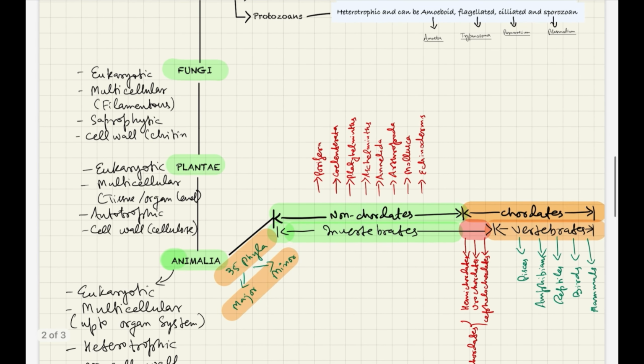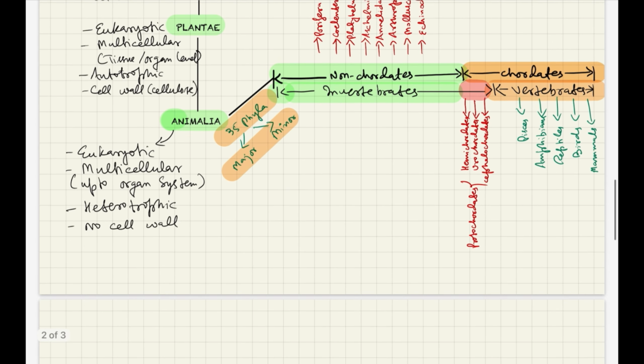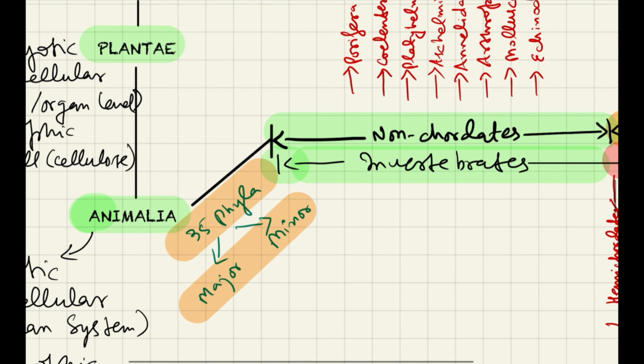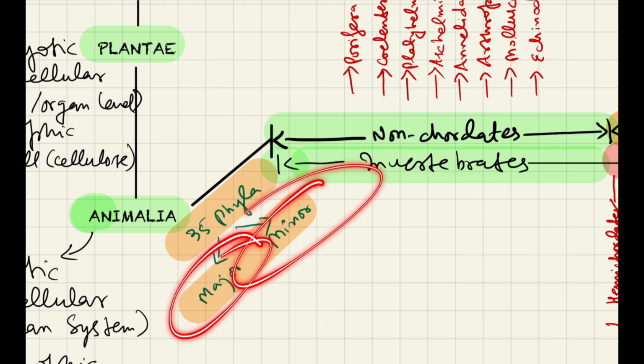Now we should know just this much about fungi and plantae. Let's move to the animals. They are eukaryotic, always multicellular, always heterotrophic, and lack a cell wall. Now the important thing is that they are divided into approximately 35 phyla. Some are major, some are minor.